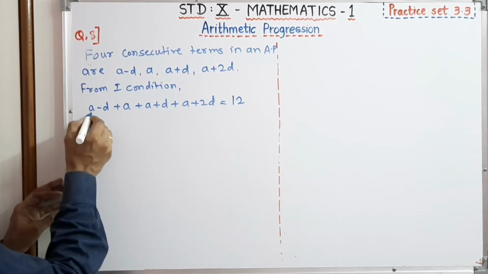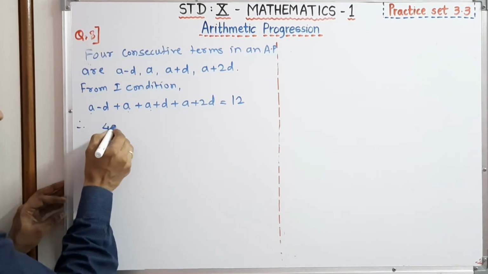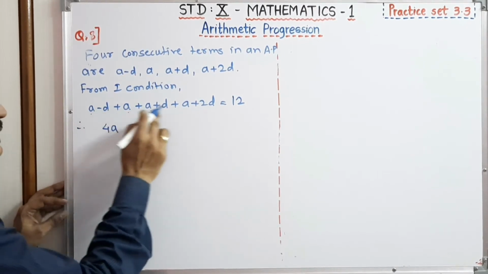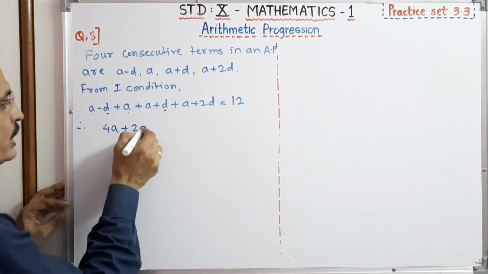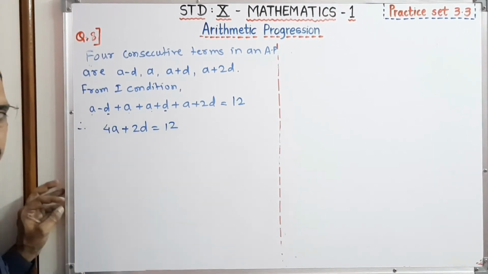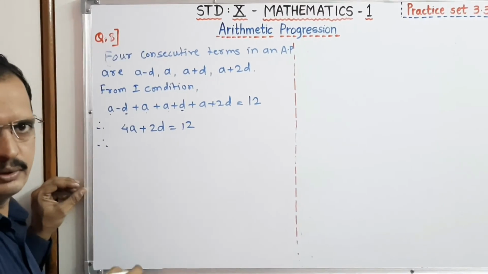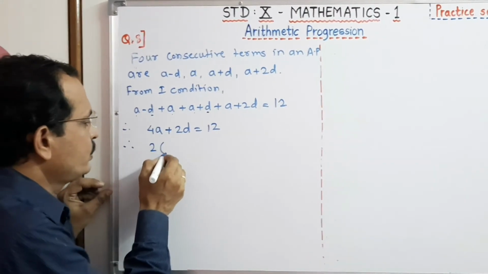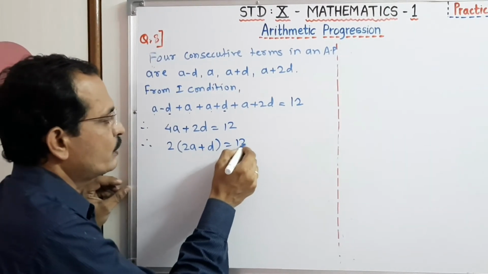Now see here, this a and this a, it is 4a. This minus d and this plus d will get cancelled. Therefore 2d is equal to 2. Here we can take 2 as a common. Therefore we write 2 times 2a plus d is equal to 12.